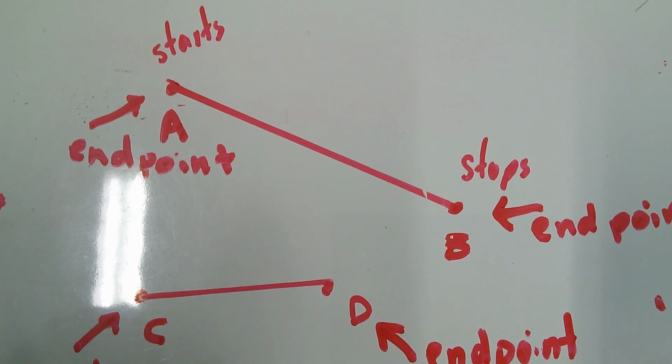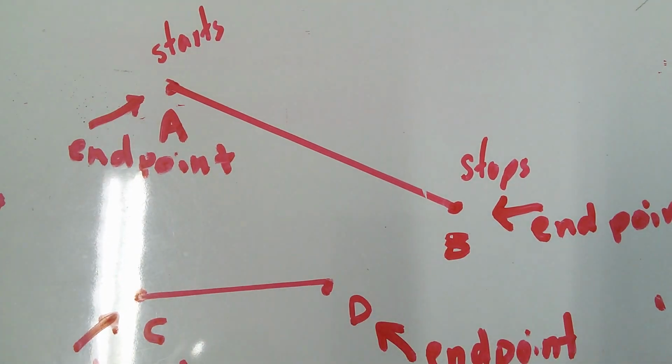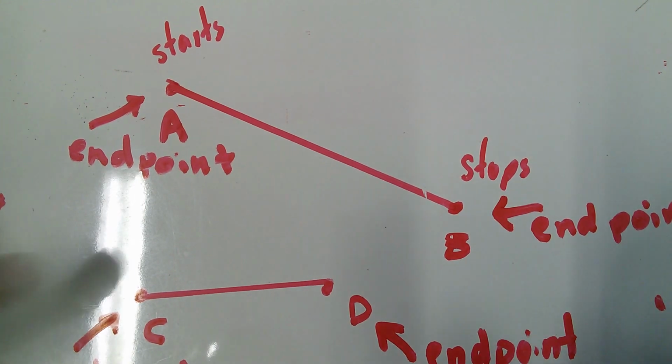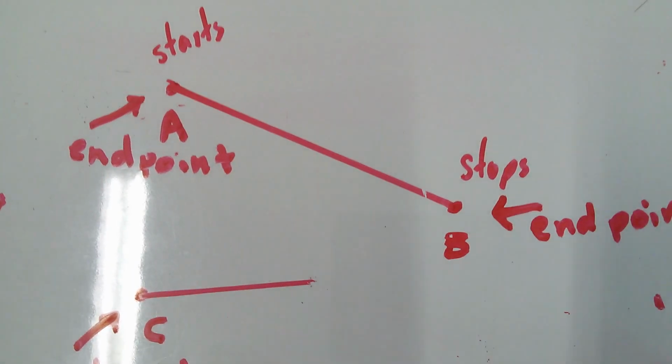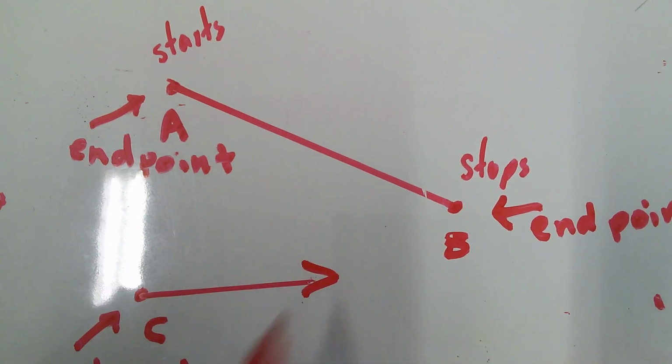But in geometry, sometimes they don't end on both sides. Sometimes you're going to see one point where it ends, and another point where it keeps going and keeps going.